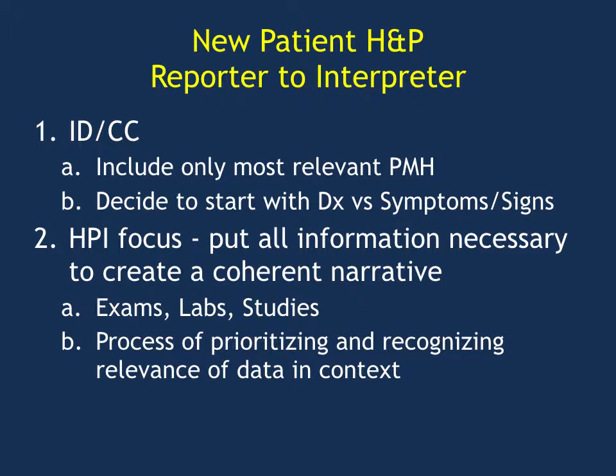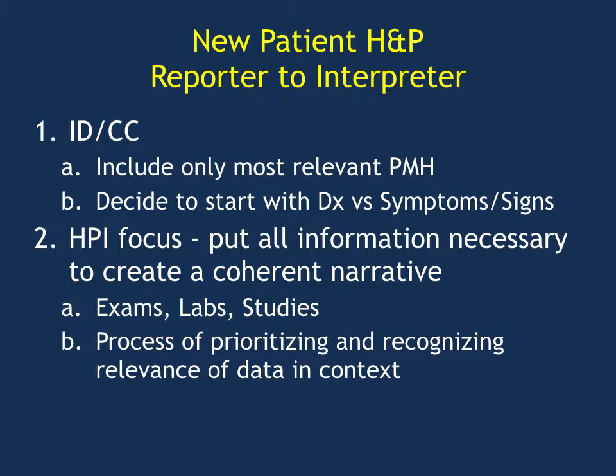And secondly, to decide whether the patient's diagnosis is already established or not, and to start out with the diagnosis itself if it is established, or to start out with just symptoms and signs if the case is going to be more of a diagnostic conundrum.